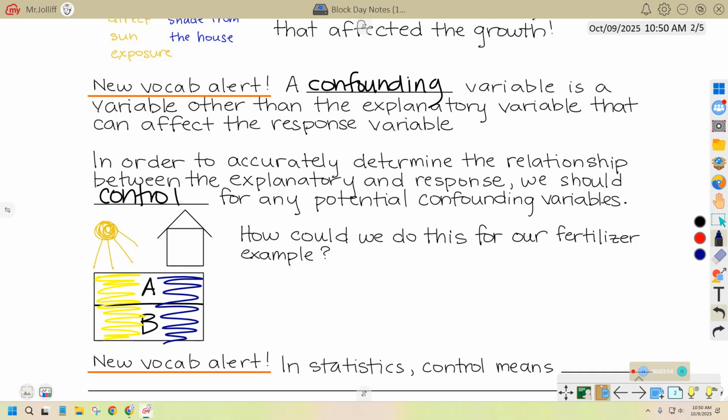I know A versus B when it's shady. I've mitigated the effects of the sun because both fertilizers are getting the same sun exposure. Very good. That idea that if I have variables that are popping up, I want everybody to get the same treatment. That's the idea of control.